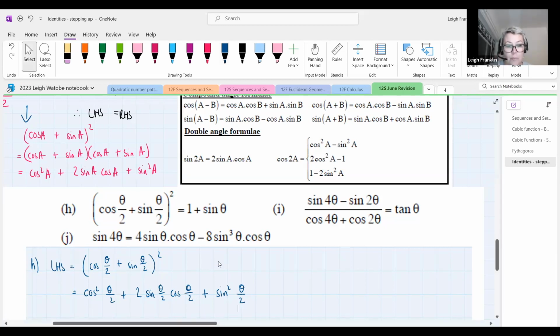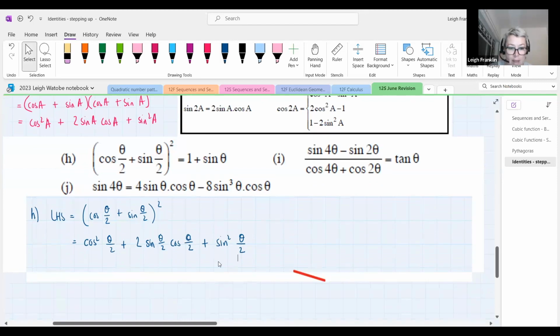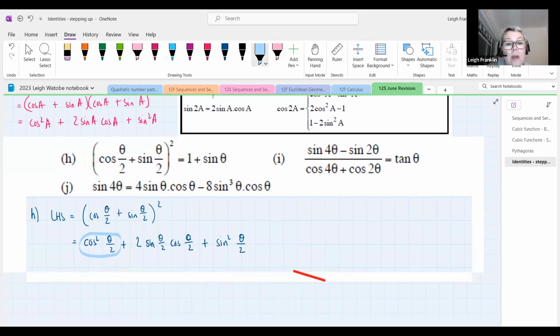Everybody should have been able to do that step. So I've squared the binomial. Now your cos squared theta over 2 plus sine squared theta over 2, that is your square identity.